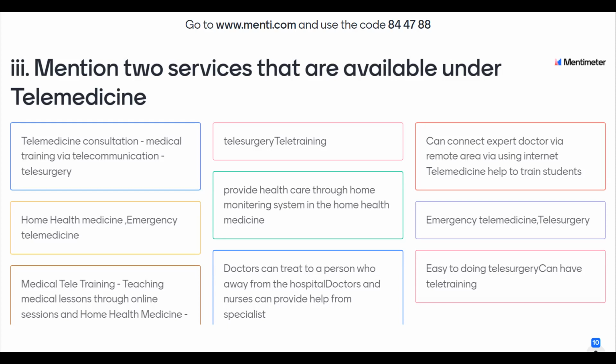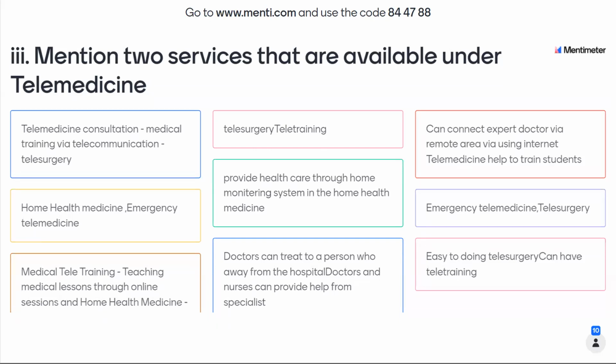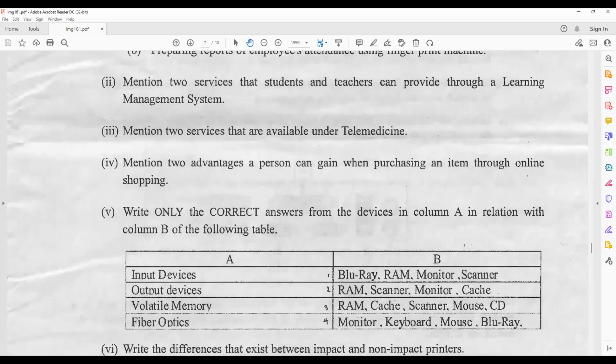So I'll be sharing the paper. The next part we are going to discuss, right, is the answers for question number 4 and question number 5. Take some time to think about the answer. Then I will provide the facility to enter the answer.